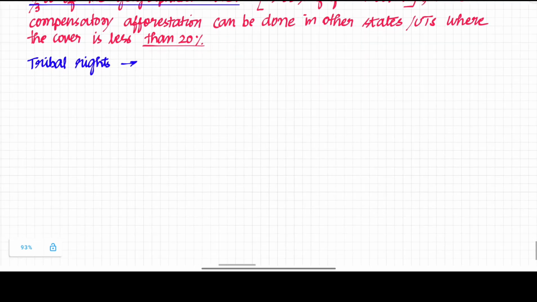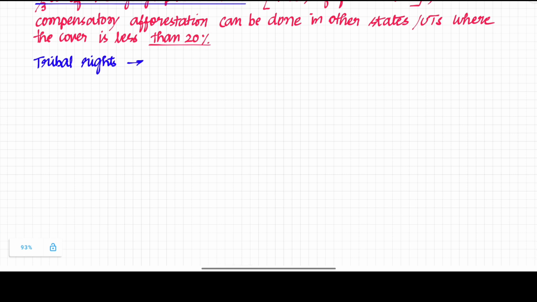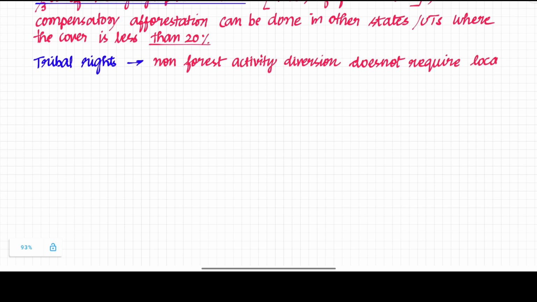Regarding non-forest activity diversion, previously it required the permission of the local people, that is the Gram Sabha. Now it does not need the permission. When there is a non-forest activity diversion, it does not require the local people's permission.